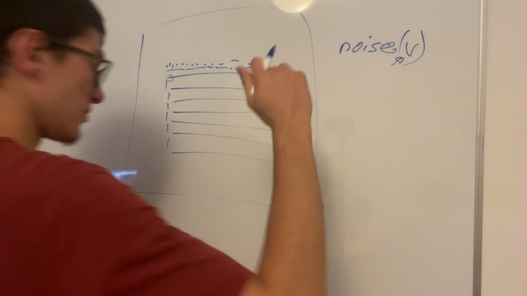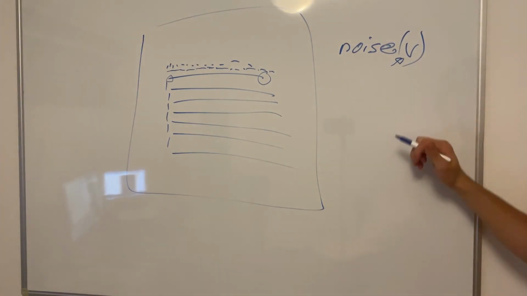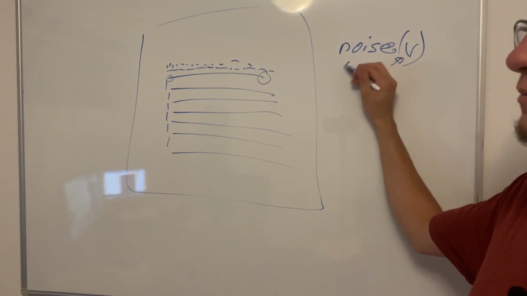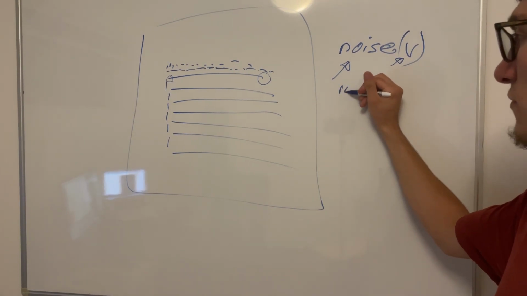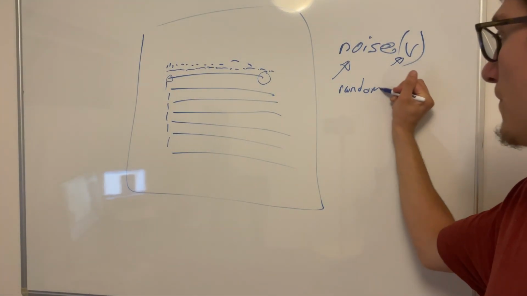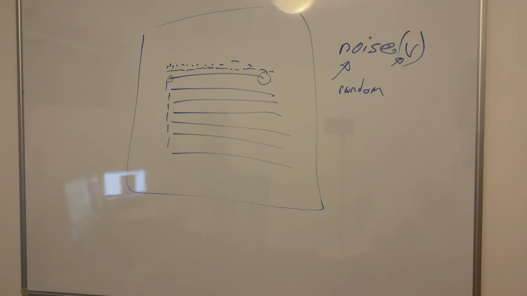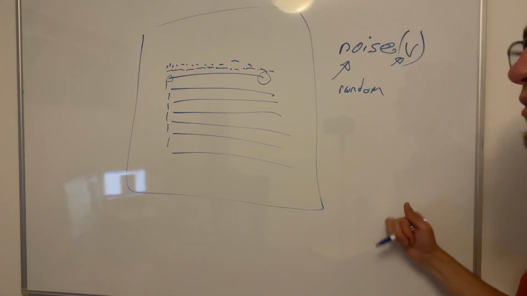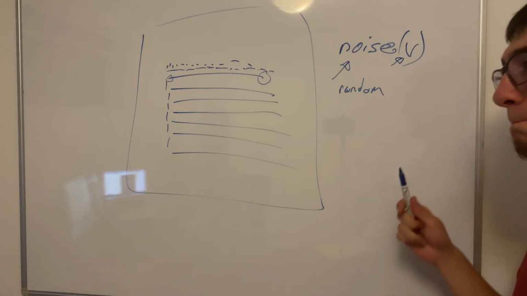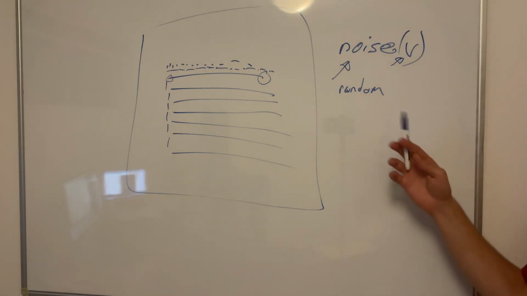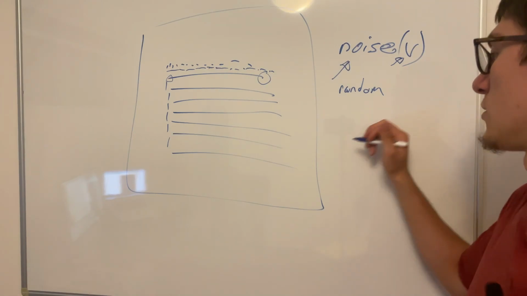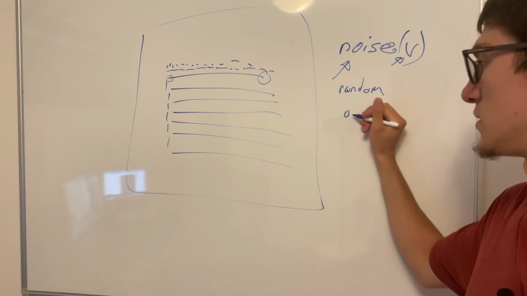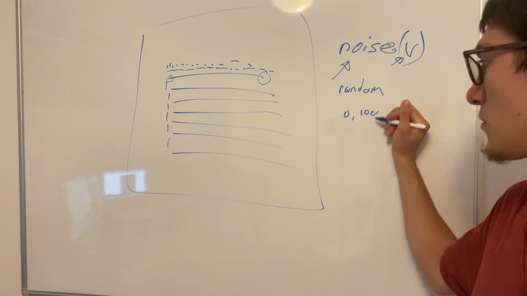Also, noise, let me just explain real quick what it is compared to random. Why use noise instead of random, right? So let's say I wanted a random value between, let's say, 0 and 100, right?